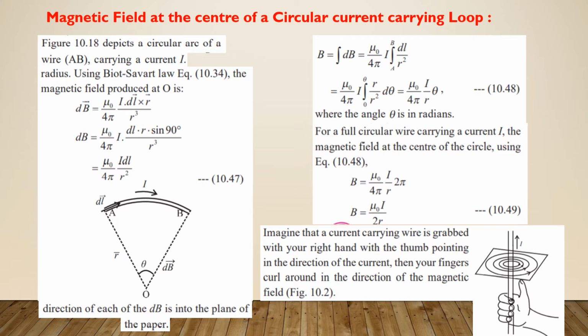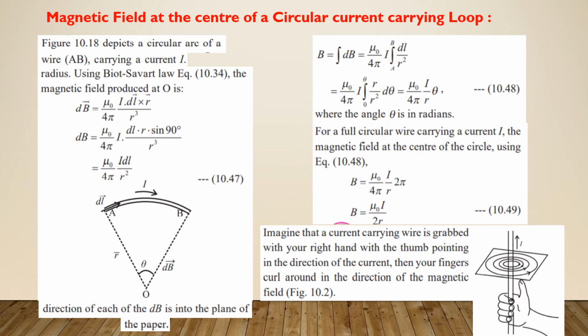Each of these elements makes an angle of 90 degrees with the radius. According to Biot-Savart law, therefore, dB is equal to mu0 upon 4 pi, I dl upon r square.